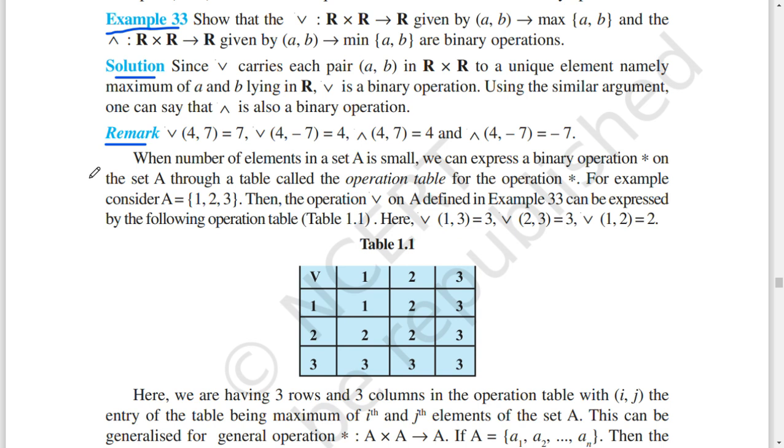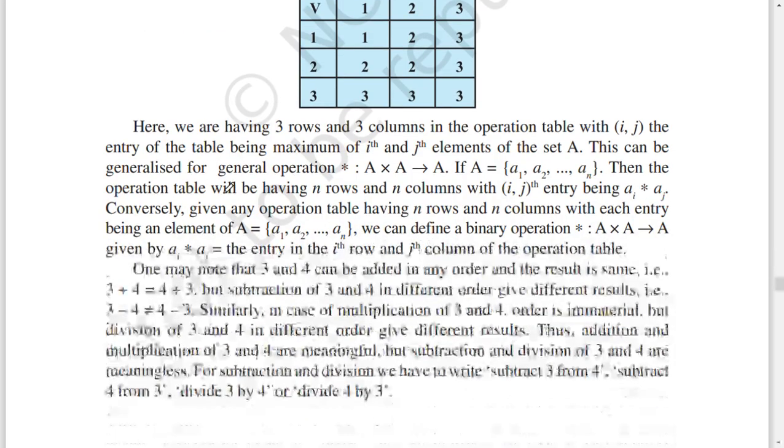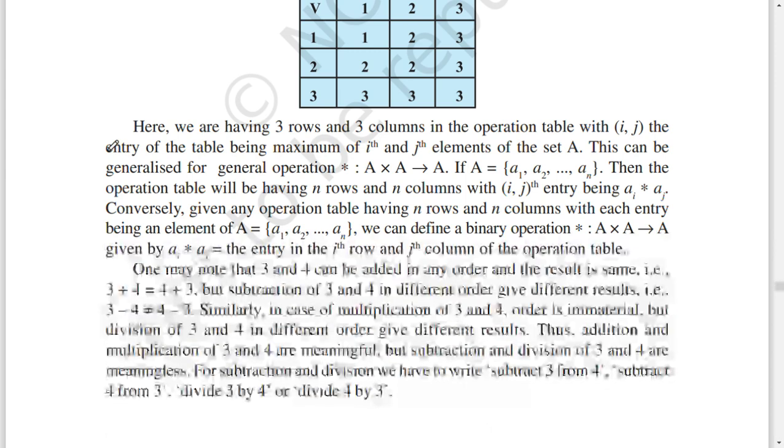Here we have 3 rows and 3 columns in the operation table, with the (i, j)th entry of the table being the maximum of the ith and jth elements of the set A.